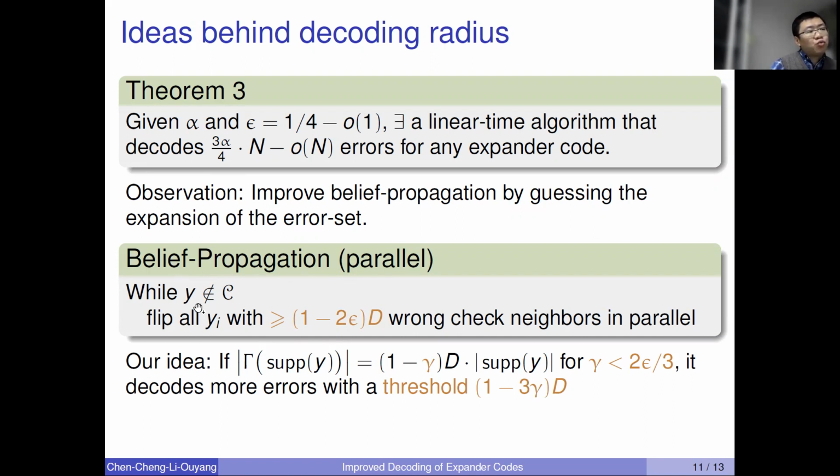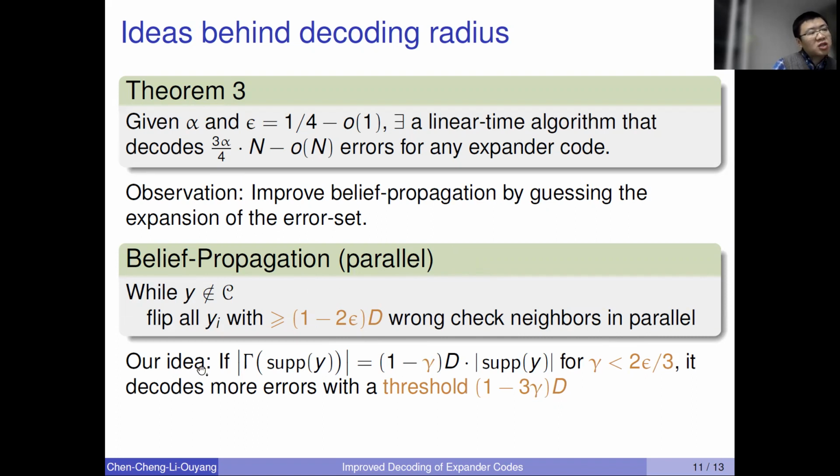Okay, so it's very simple. While the string Y is not a codeword, we will flip all bits yi with 1 minus 2 epsilon d 1 checks in its neighbors. Okay, and I will do this flipping in parallel. So this is the classic belief propagation algorithm.